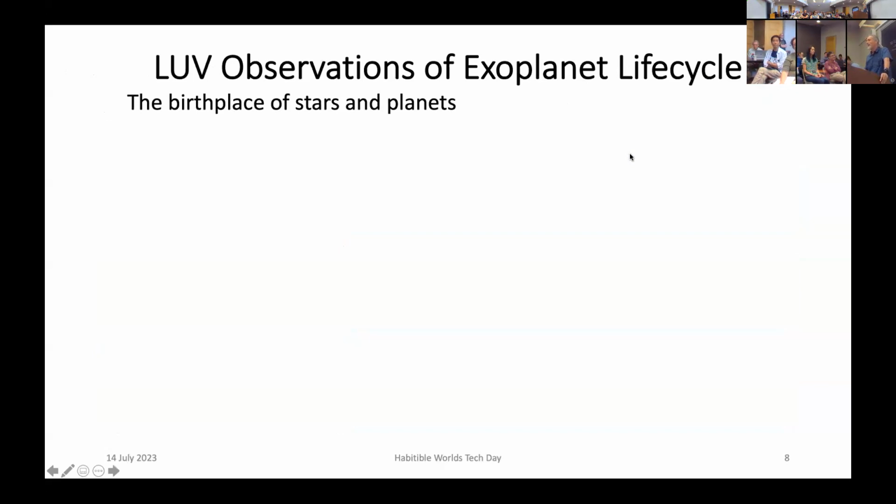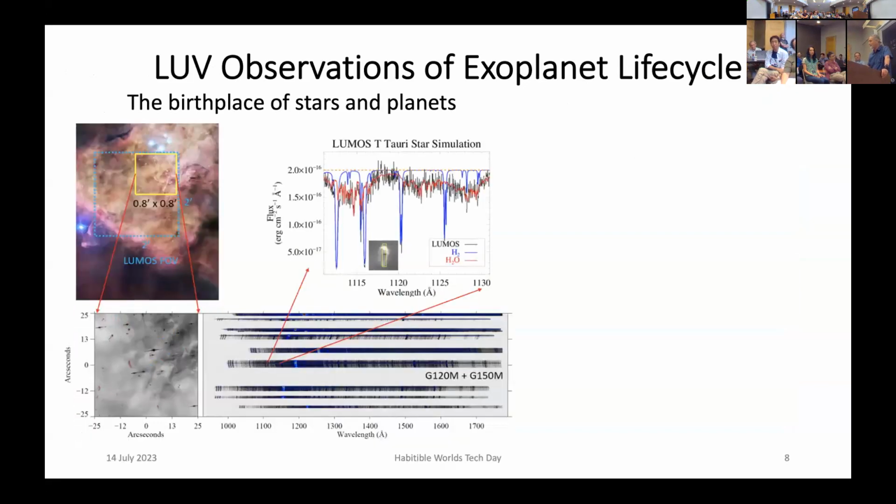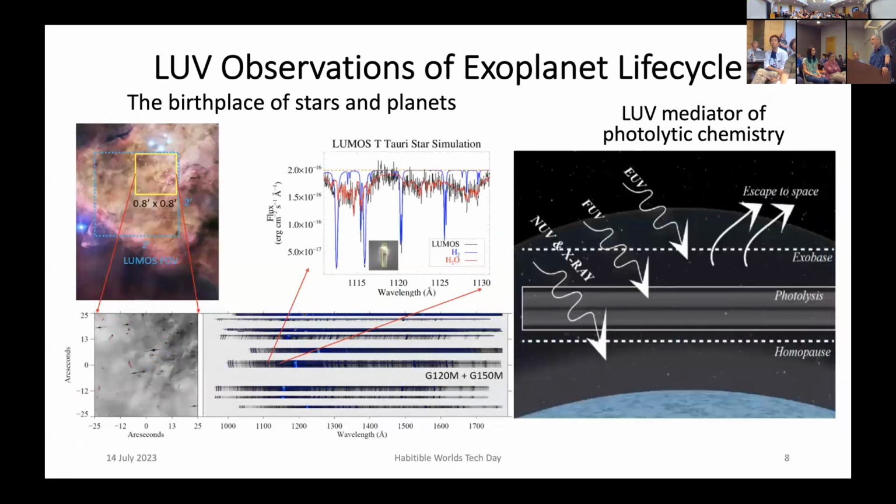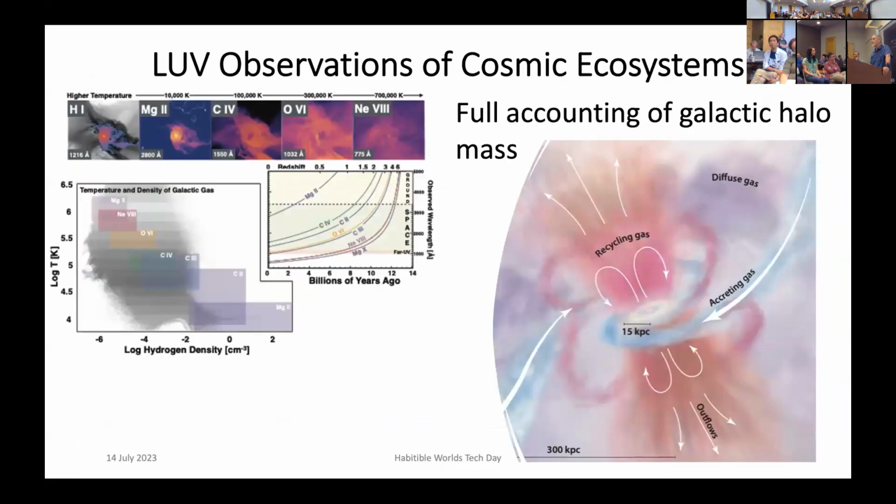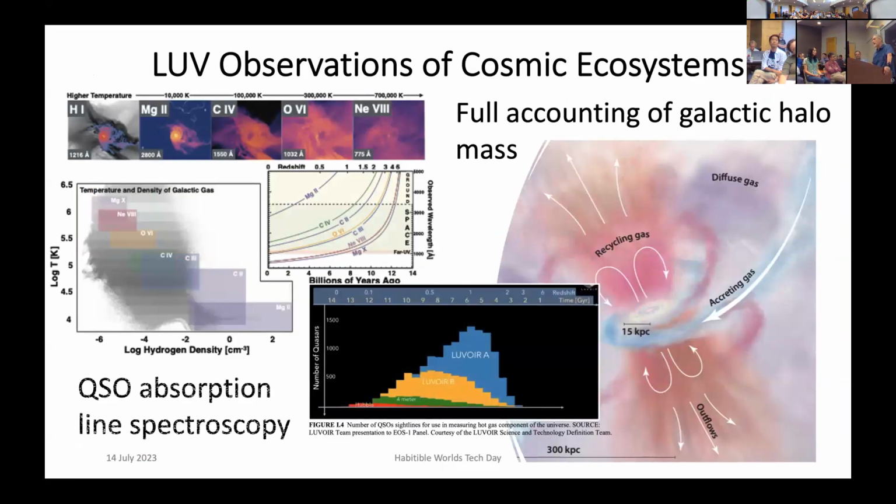Sorry. So, of course, LUV observations of exoplanet life cycles have been detailed in the LUVOIR report. And we've seen these examples throughout the week, as well as the LUV observations of cosmic ecosystems. I would point out that quasar absorption line spectroscopy really gains with the size of the mirror.